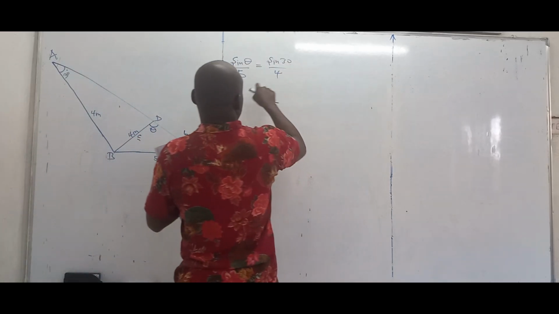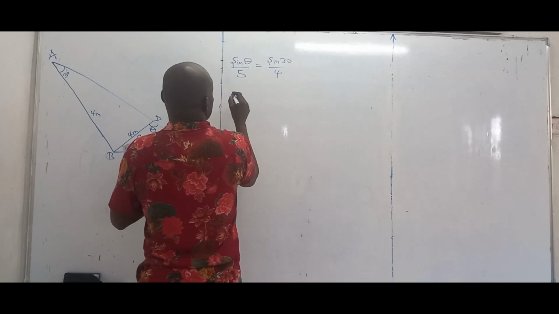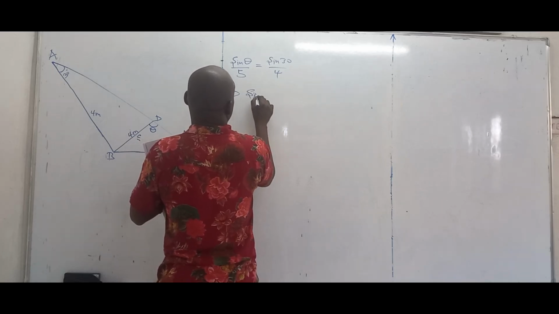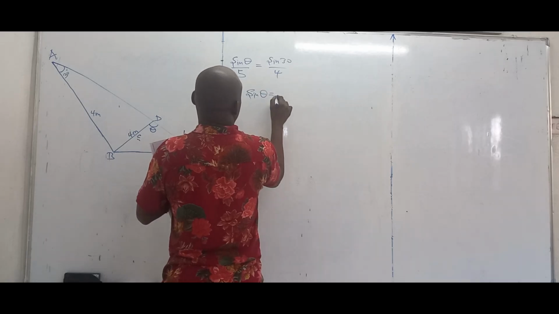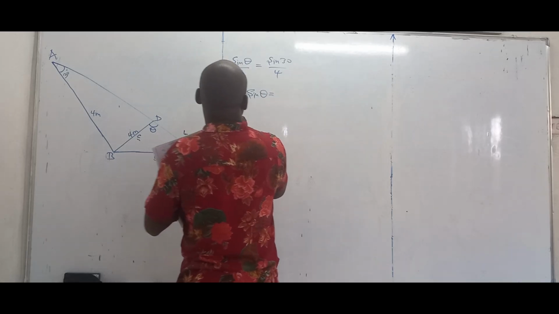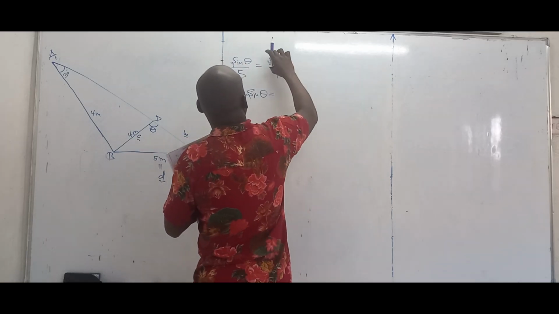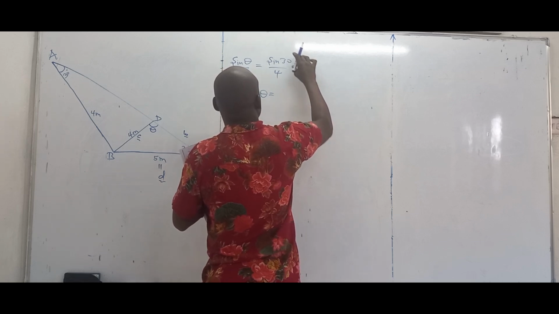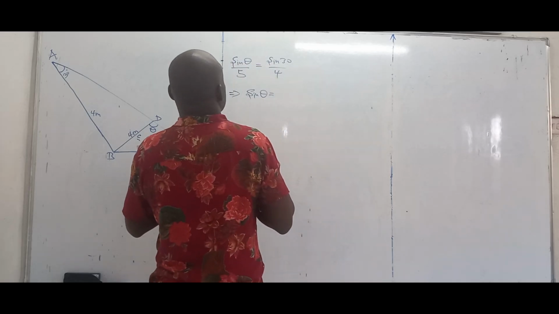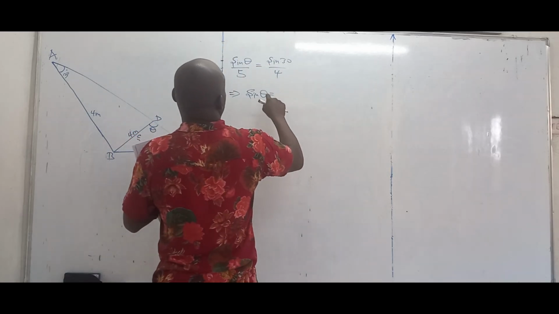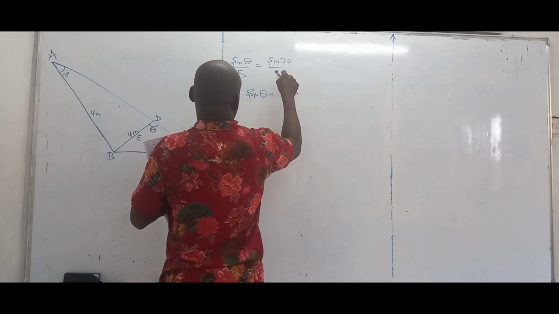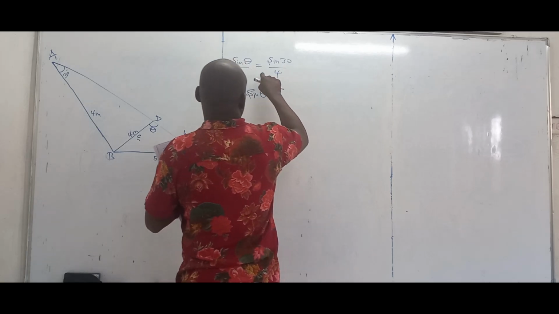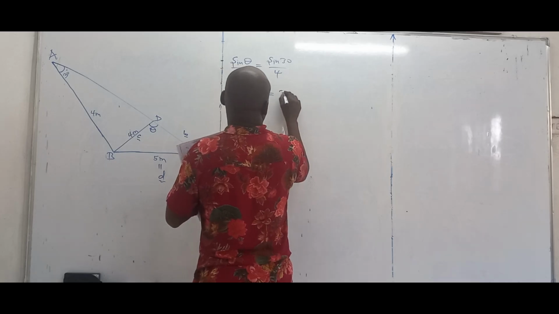If you work that out, that implies that sin theta is equal to, because sin 30 is a half, this times this divided by 4, so 2.5 over 4.